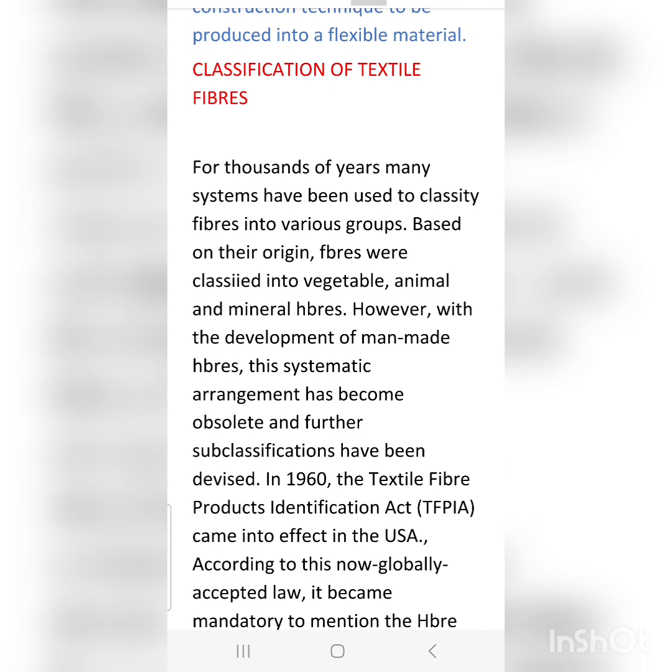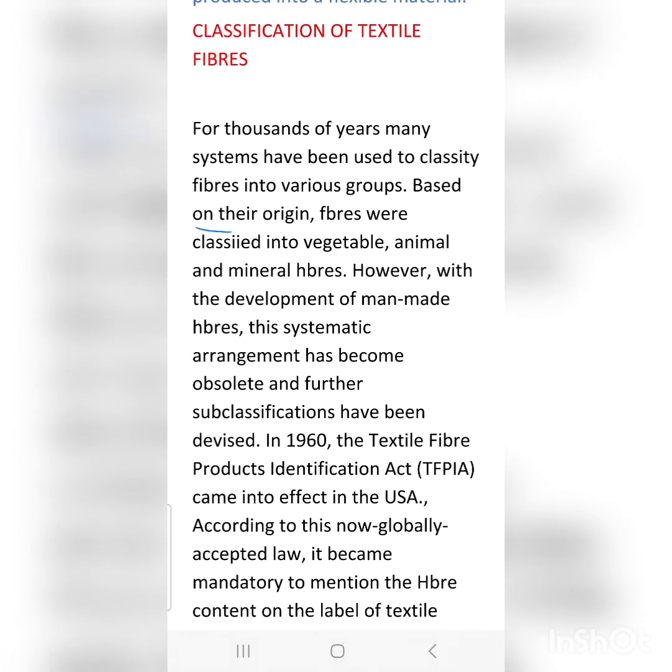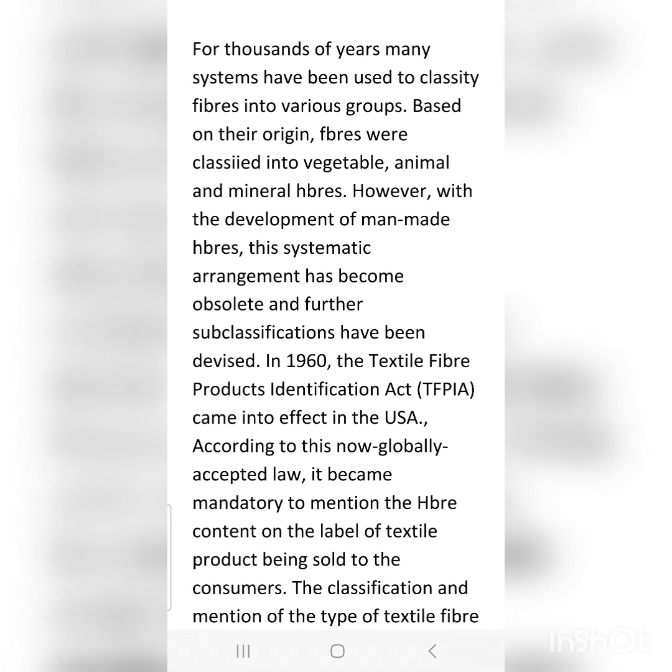After studying textile fiber and textile material, we will further move to classification of textile fibers. There are different types of textile fibers, classified into different groups based on origin and other categories.